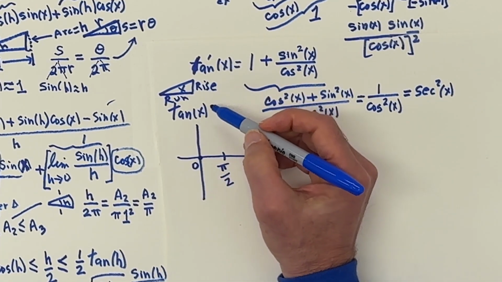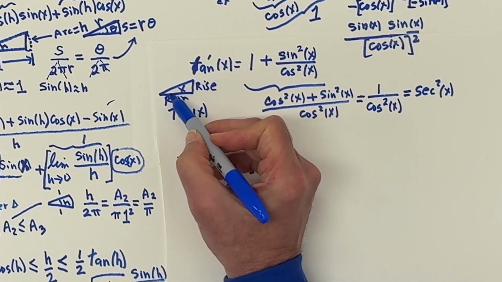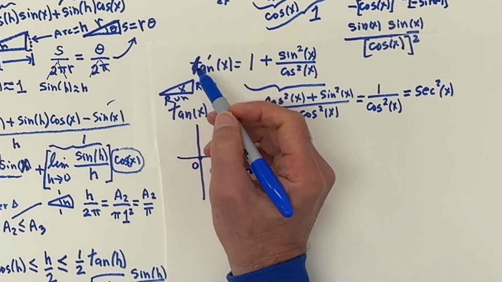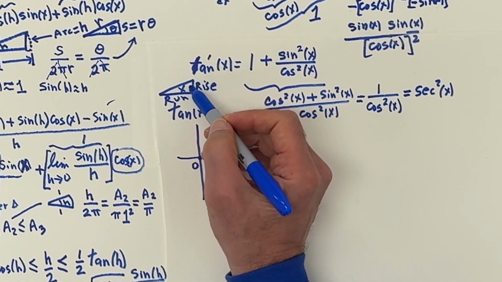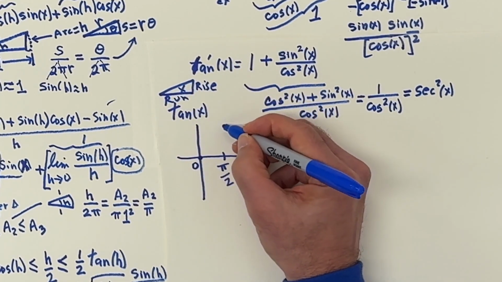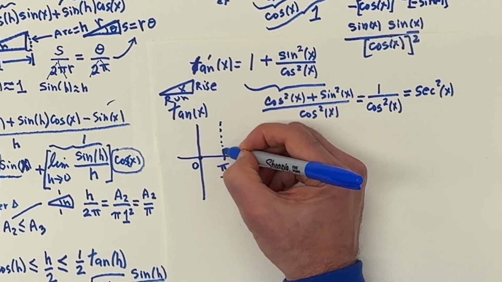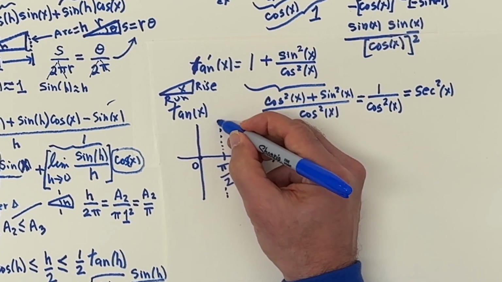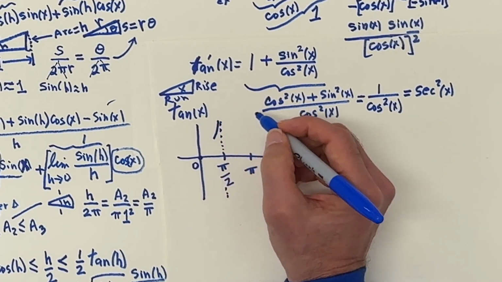And then if you look at pi over 2, when this swings up to pi over 2, the tangent goes to infinity because the run is going to 0. So that means if we have say a dotted line here like this, this thing is going to go off to infinity.